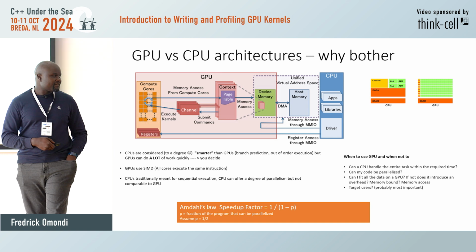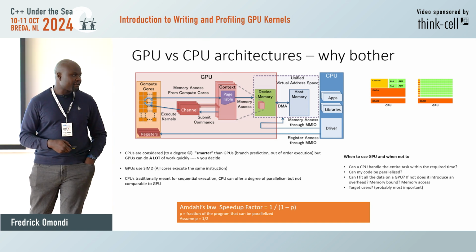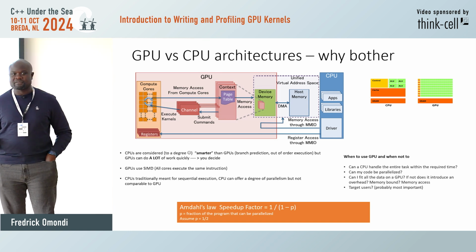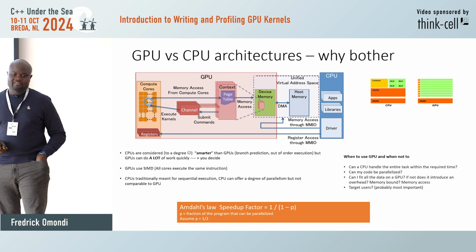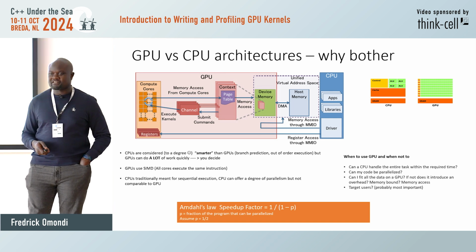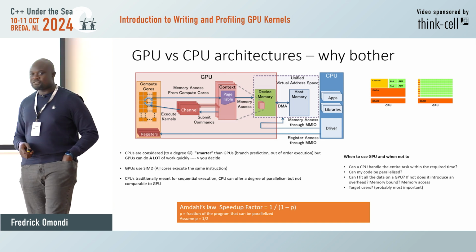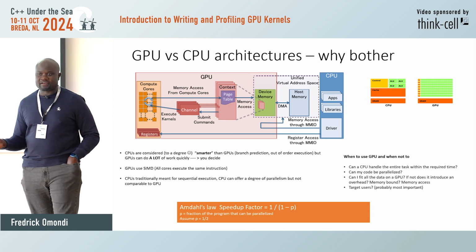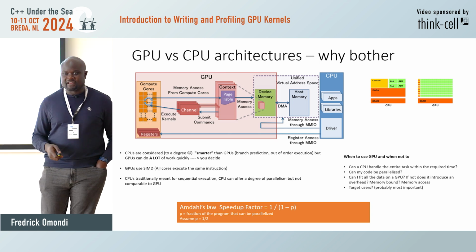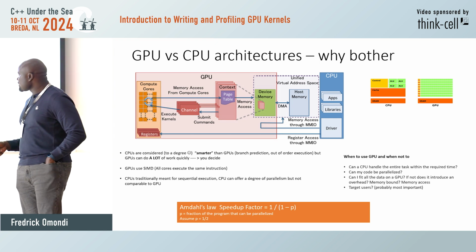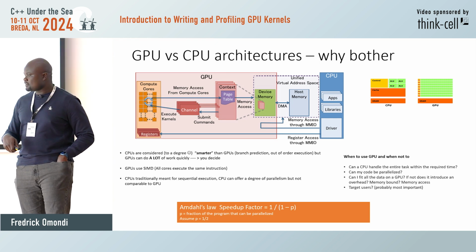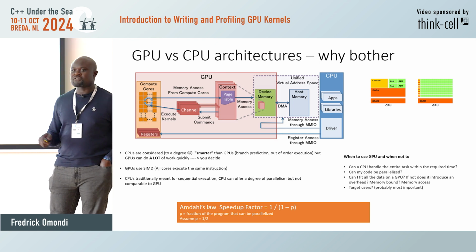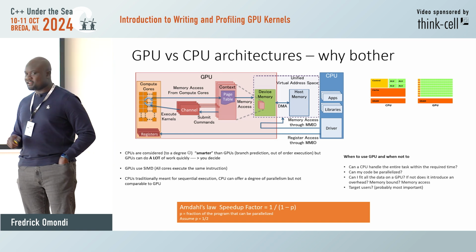And this slide simply shows how GPUs and CPUs differ inherently. CPUs are considered to be smarter than GPUs in many things. CPUs can do fancy things like predictive execution. But on the other side, GPUs can do a lot of work quickly.